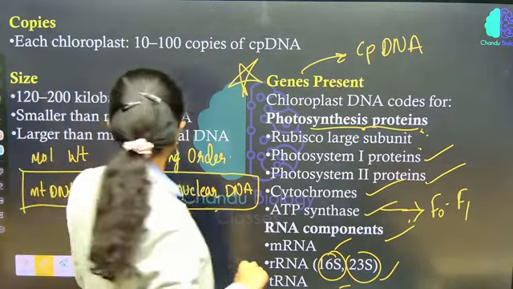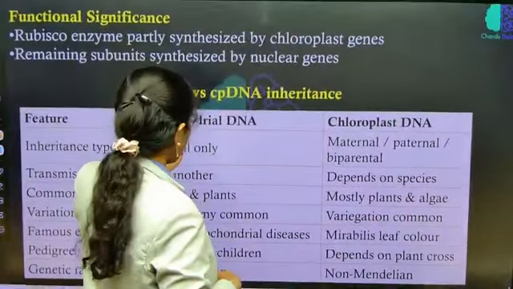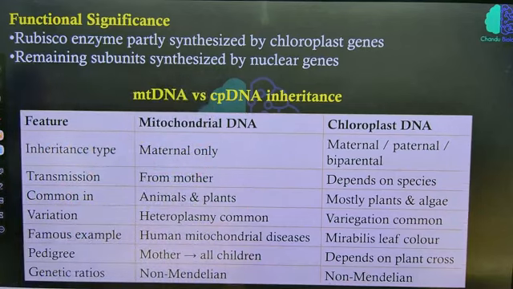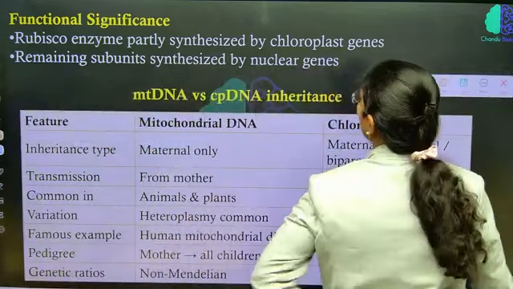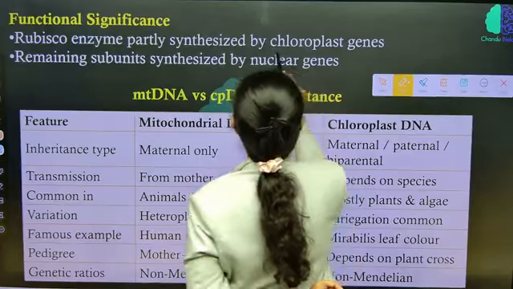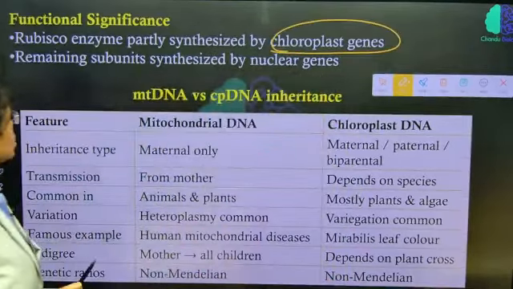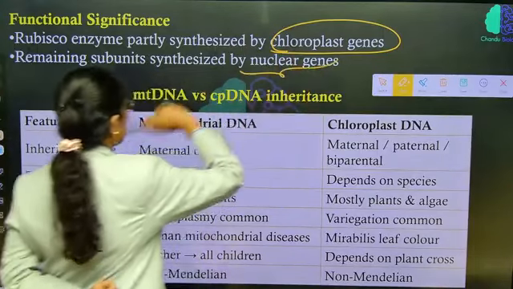And then functional significance and comparative analysis between mitochondrial DNA and chloroplast DNA. Functionally, the Rubisco enzyme is partly synthesized by chloroplast genes; the remaining subunits are synthesized by nuclear genes.